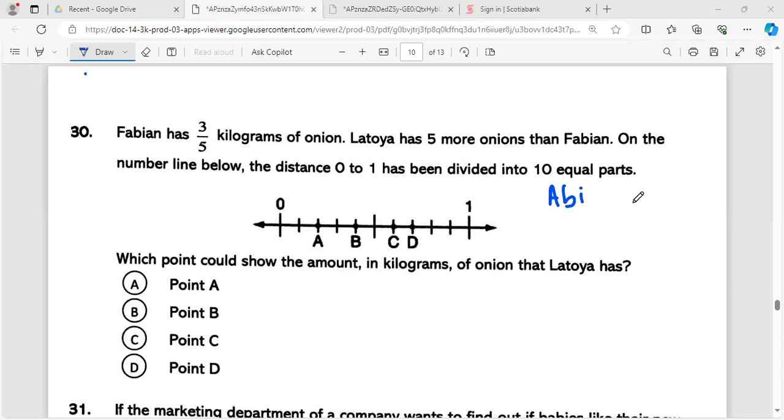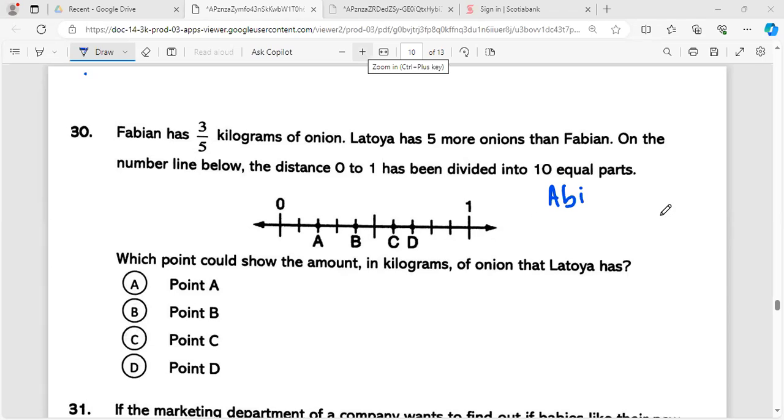Okay, so it says Fabian has 3/5 kilograms of onion. Latoya has 5 more onions than Fabian. On the number line below, the distance 0 to 1 has been divided into 10 equal parts. A, B, C, or D. So first, because the number line is split into 10 equal parts, I tried to find the equivalent fraction for 3/5, and that is 6/10.